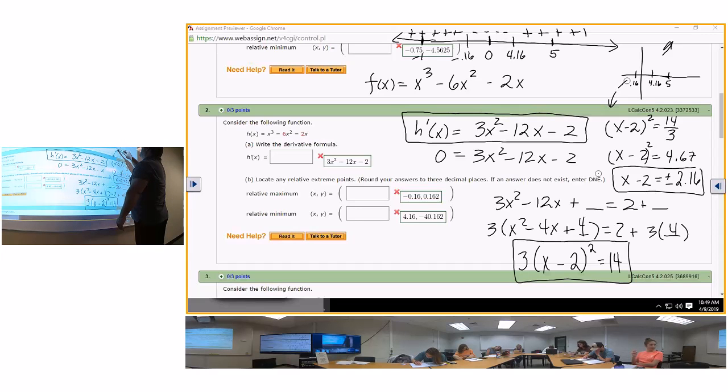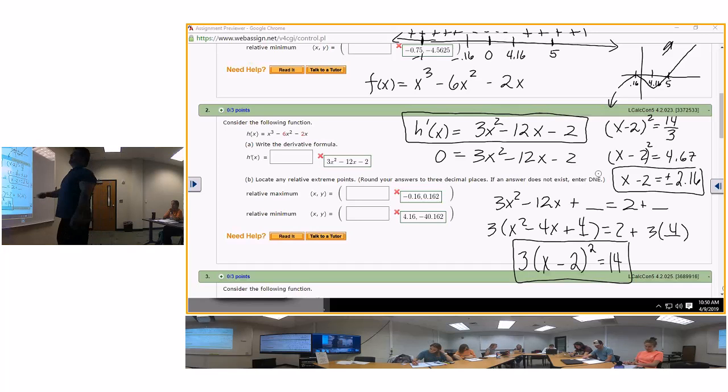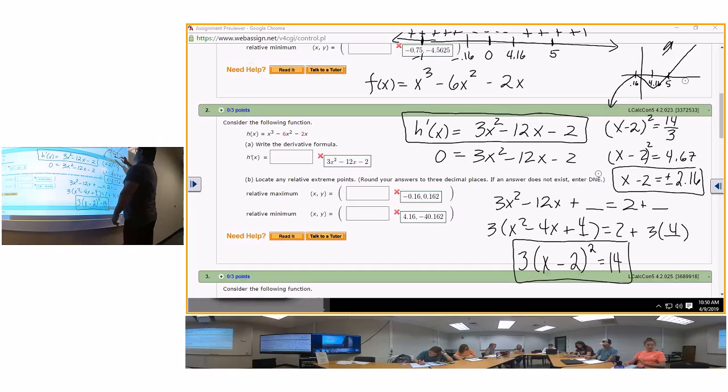It's increasing. Then it's decreasing. Then it's decreasing until 4.16. And then it's increasing. So it's looking something like that. So somebody graph it and tell me what you get. Mine's not going to be perfect, but it's going to look something like this.